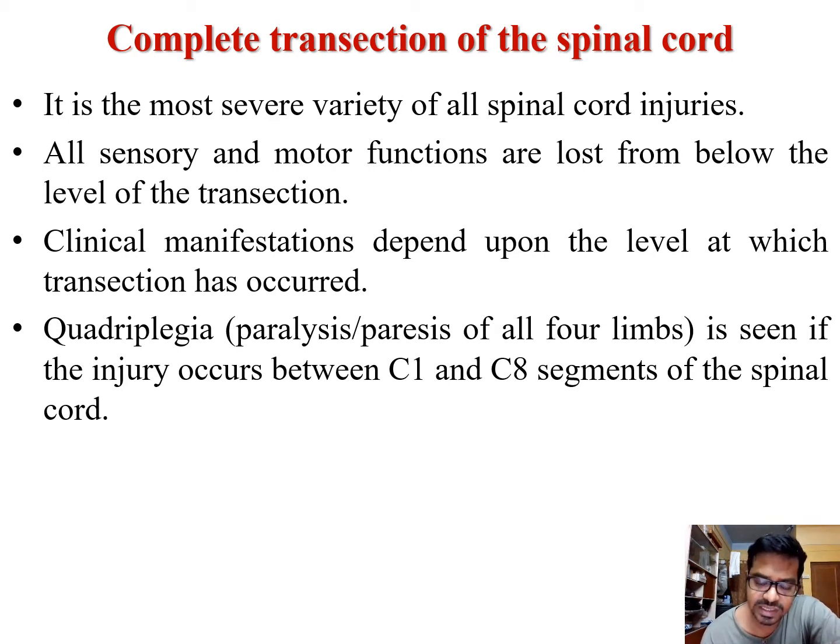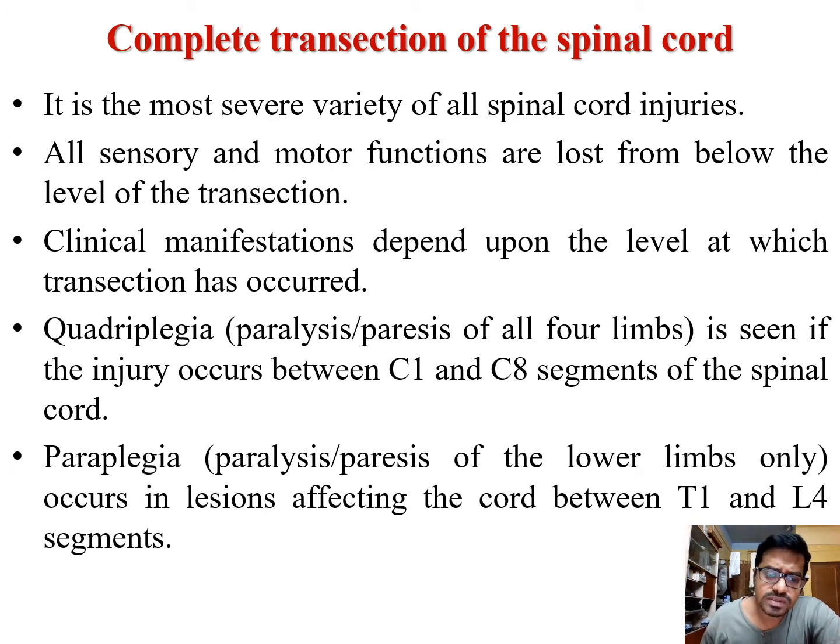But in general, quadriplegia or paralysis of all four limbs is seen if the injury occurs within the cervical segments, means between C1 and C8 segments. If there is an injury between the first and 8th cervical segments, there will be quadriplegia.